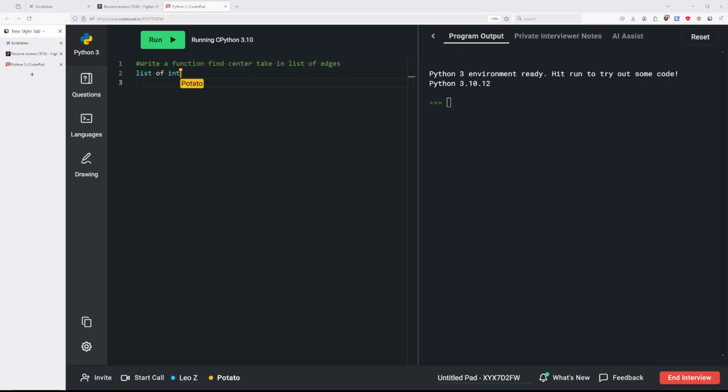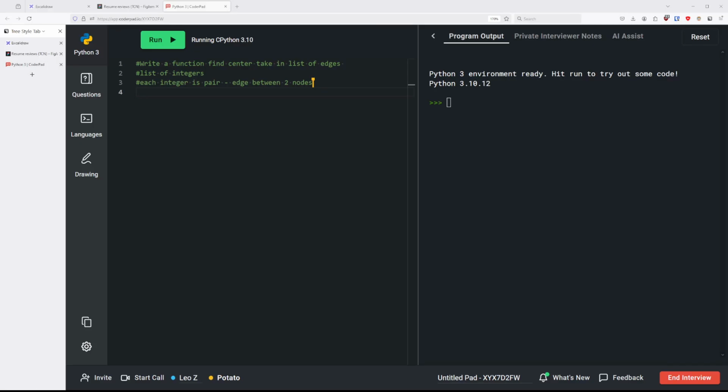Each int is a pair essentially. It indicates an edge between two nodes.